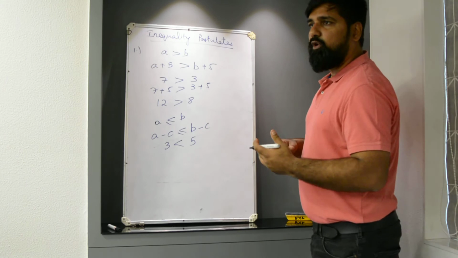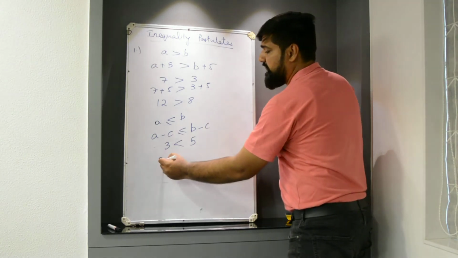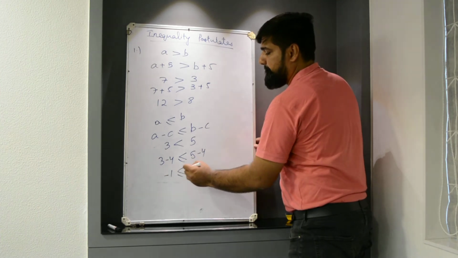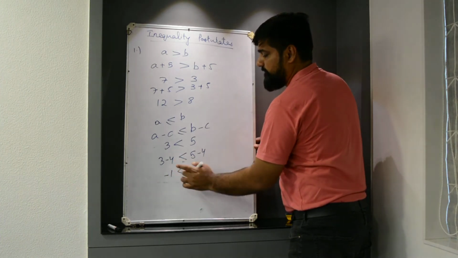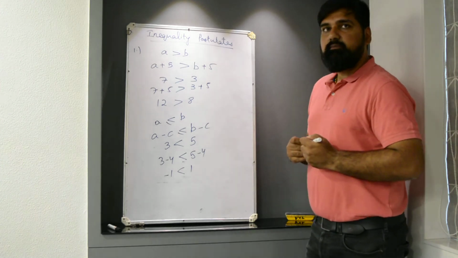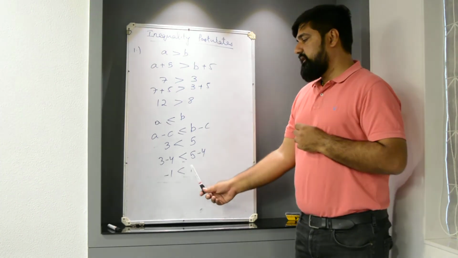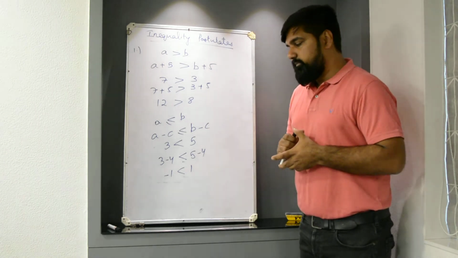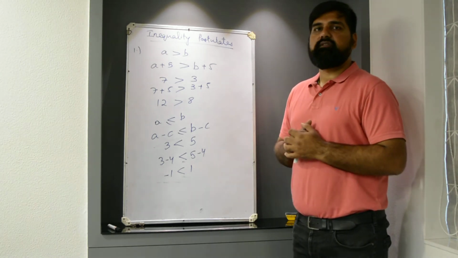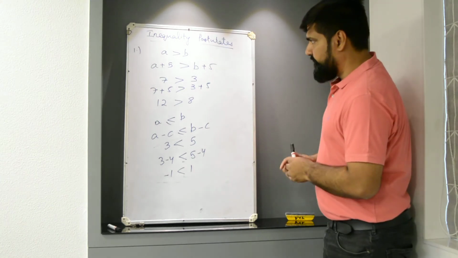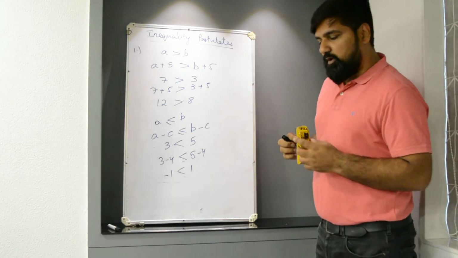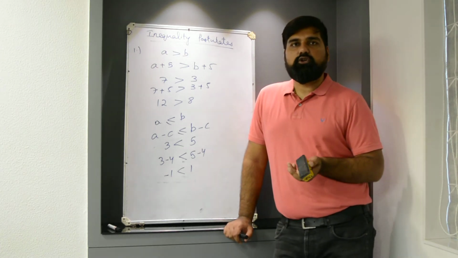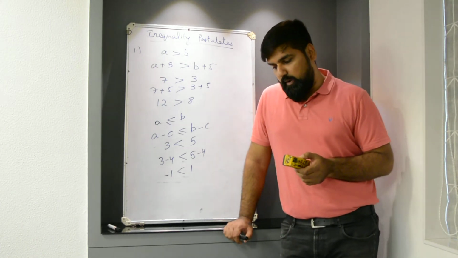If I subtract 4 from both sides, 3 minus 4 gives minus 1, and 5 minus 4 gives 1, so minus 1 is less than 1. The inequality does not change, even if I add or subtract the same digit on both sides. So this is my first postulate: adding or subtracting the same digit on both sides does not change the inequality.